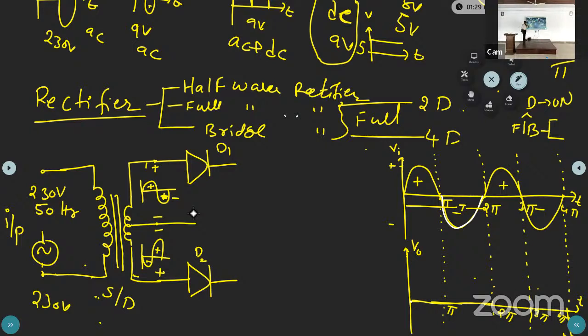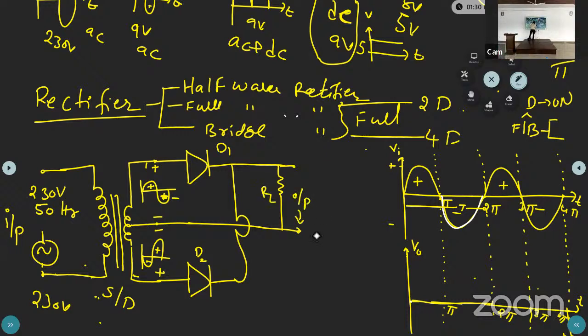This transformer is called a center tap transformer. Now we are connecting the output of the D1 diode to this, and here we are taking the output. This is the RL and output.